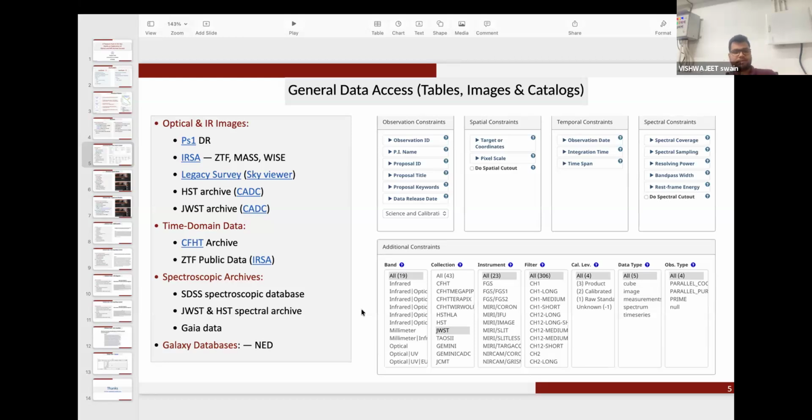In the galaxy database, the one famous we mostly utilize is NED. It is again by NASA, and it is basically collecting all the galaxies from various sources, whether published by someone or observed by a survey. From all these sources, it is collecting the data and trying to make a complete galaxy catalog.